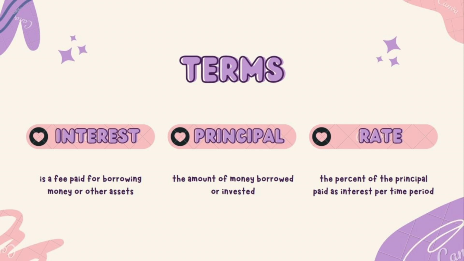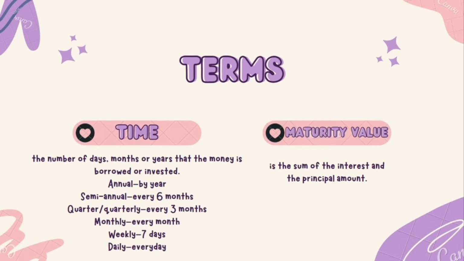Next is the rate, or lowercase r, the percent of the principal paid as interest per time period. Next is time, or lowercase t, the number of days, months, or years that the money is borrowed or invested. And lastly is the maturity value. It is the sum of the interest and the principal amount.